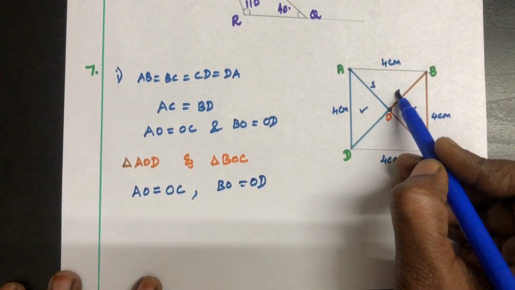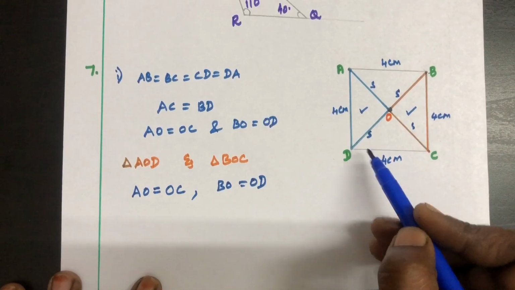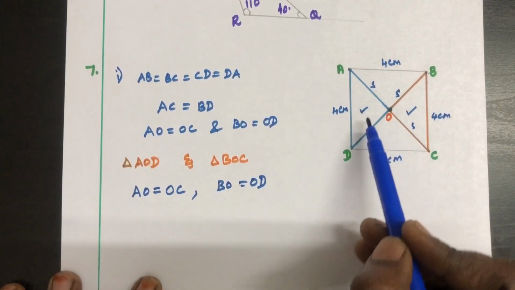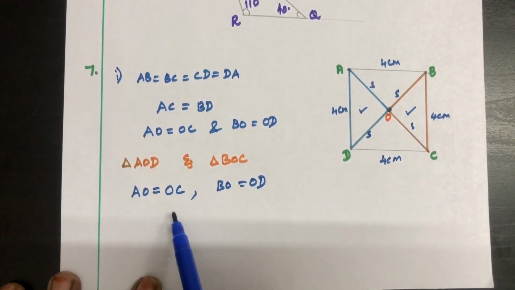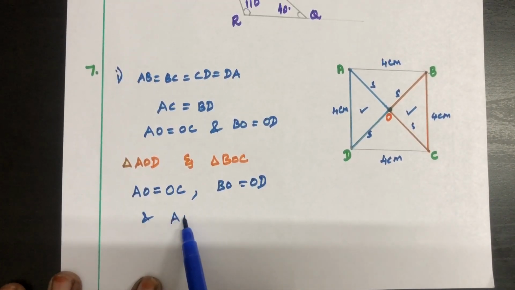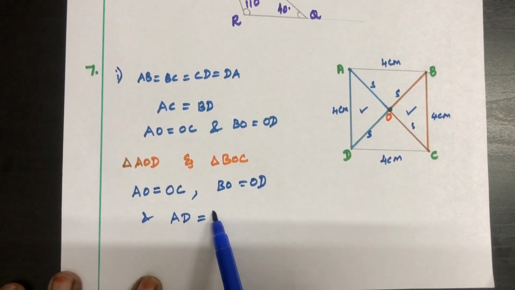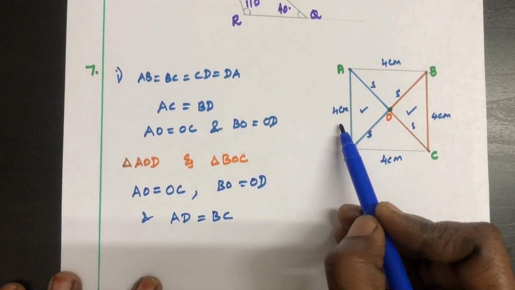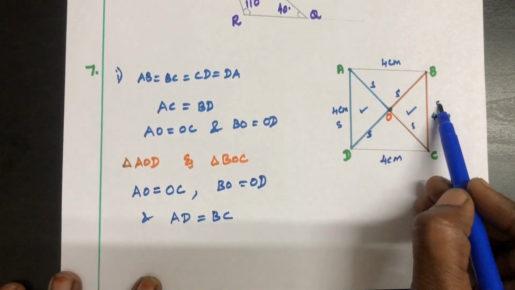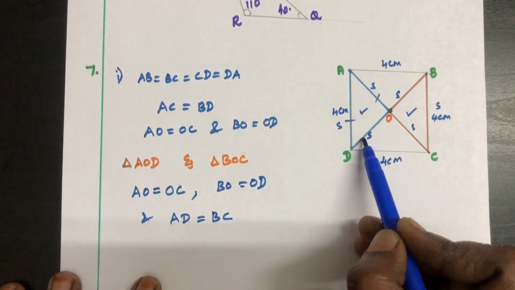Now, this side is also equal. Next, AD is equal to BC, sides of the square, 4 centimeter each. So they are all equal.